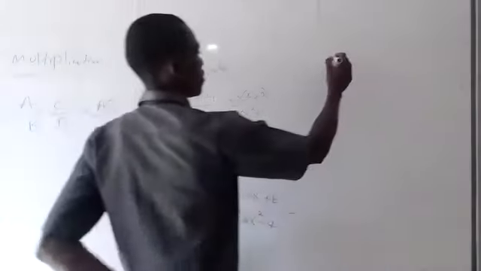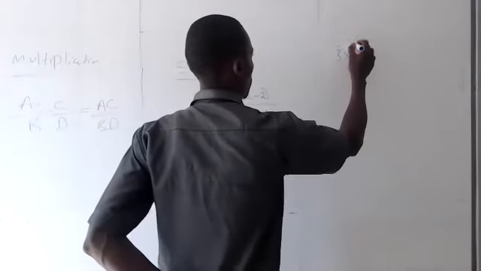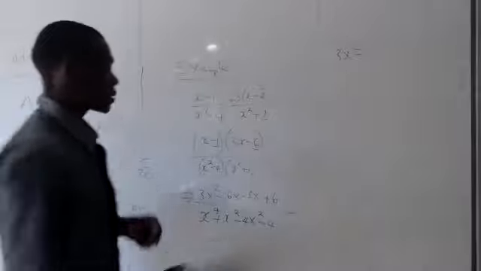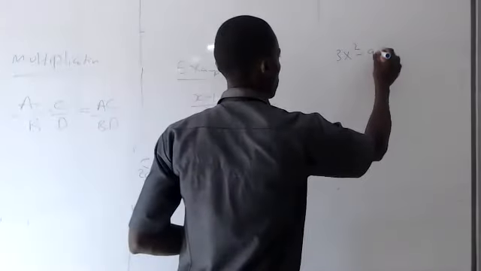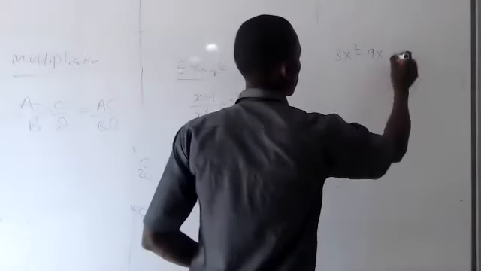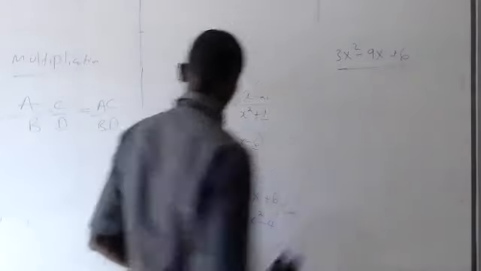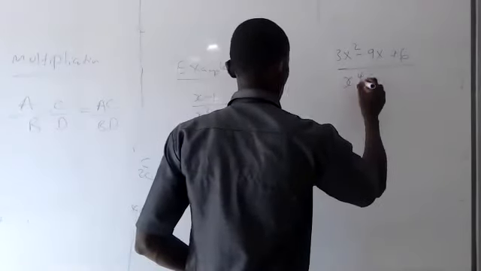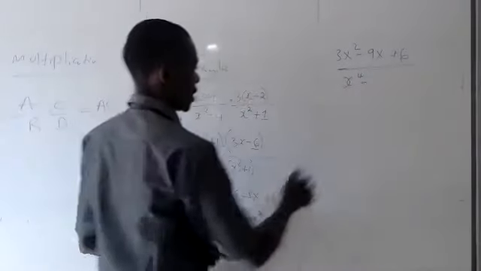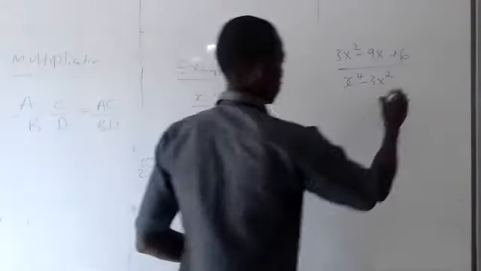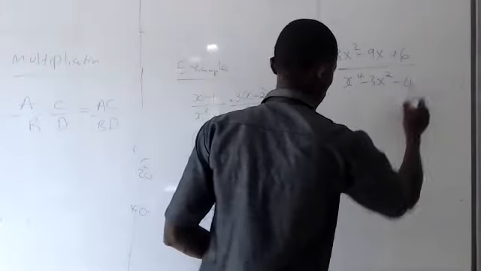So up we have 3x squared, and we can combine 6x and 3x to get minus 9x, then plus 6. All that divided by x to the 4 minus 3x squared minus 4.